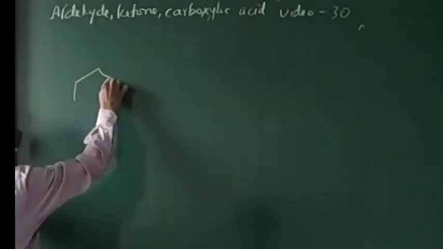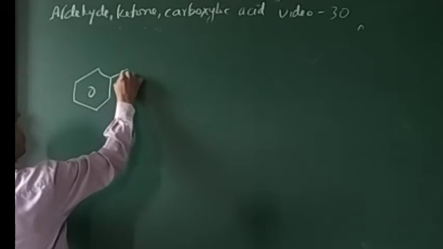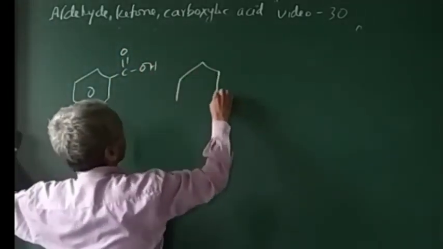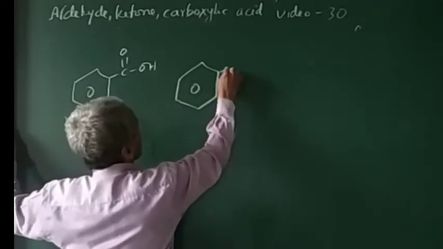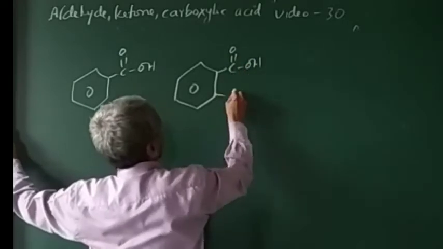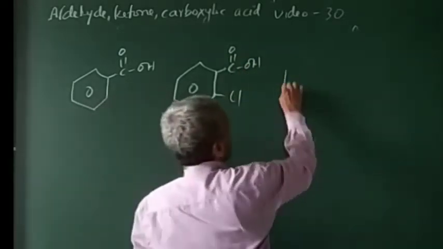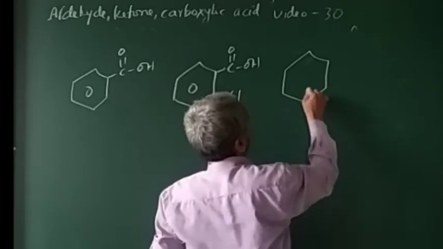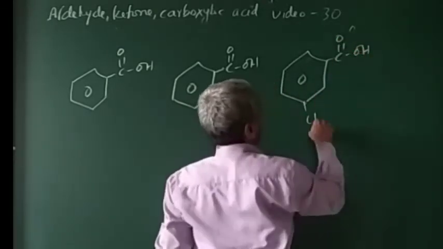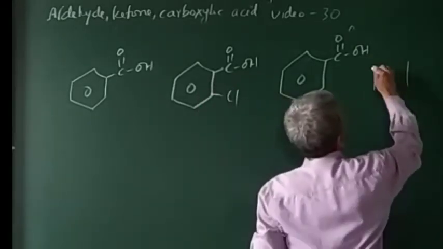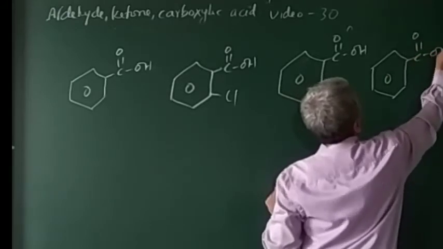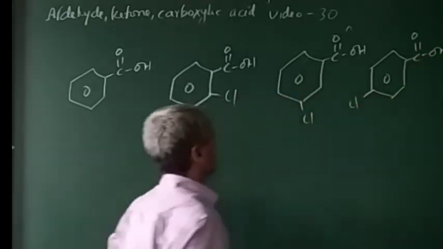Just here, COOH, then COOH with the Cl, electron withdrawing group, COOH at meta position, COOH at para position.